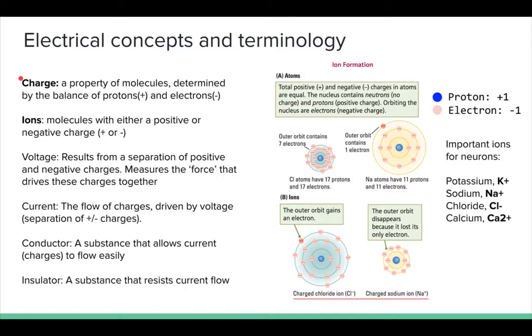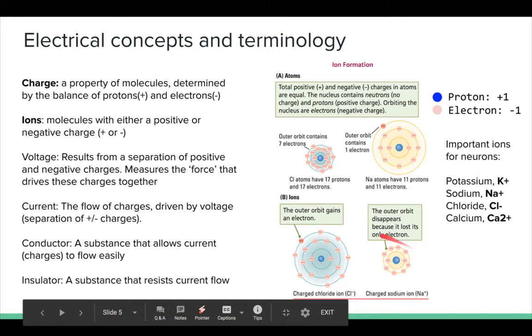Protons have a positive charge and electrons have a negative charge. The net charge on any given atom is determined by the balance between protons and electrons. Atoms that have a net positive charge because they have too few electrons, or a net negative charge because they have too many electrons, are called ions.